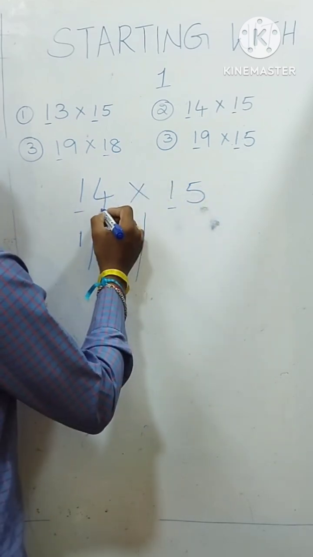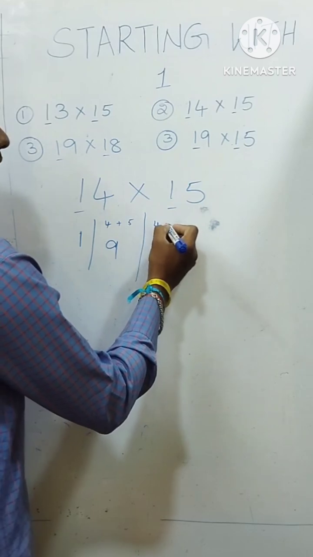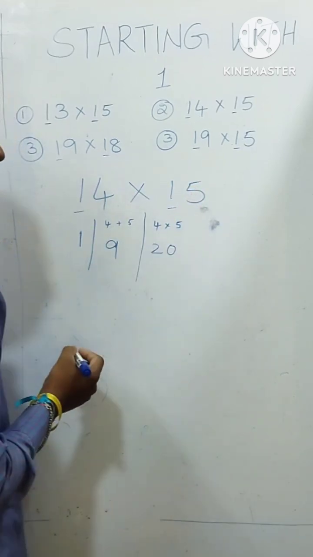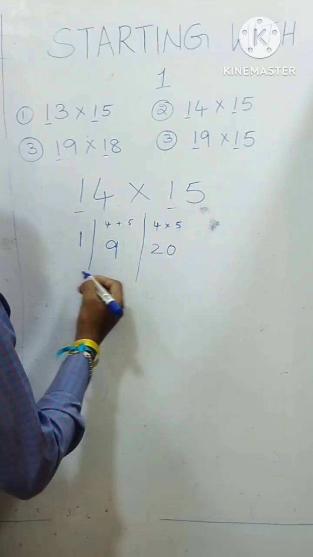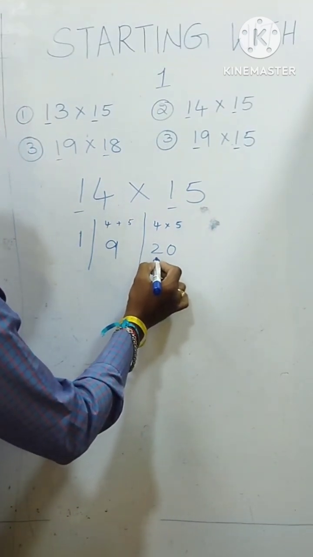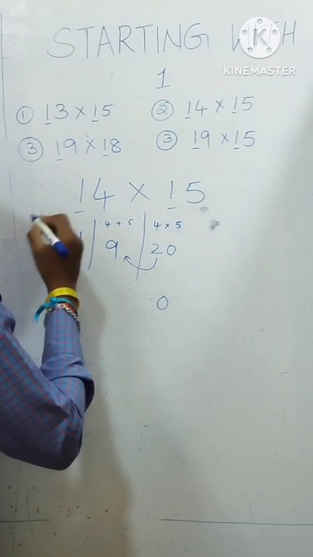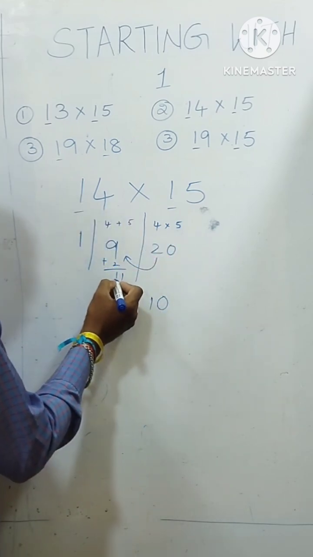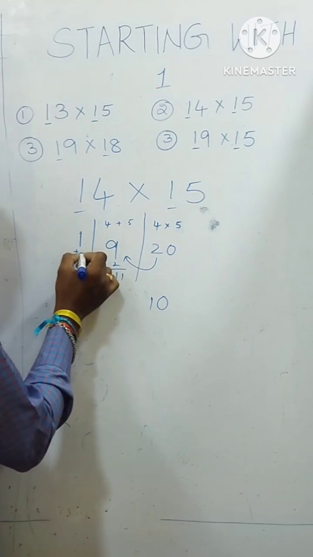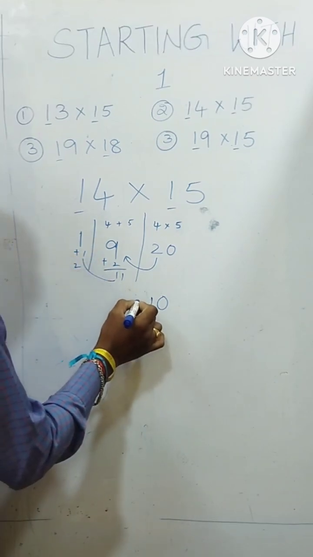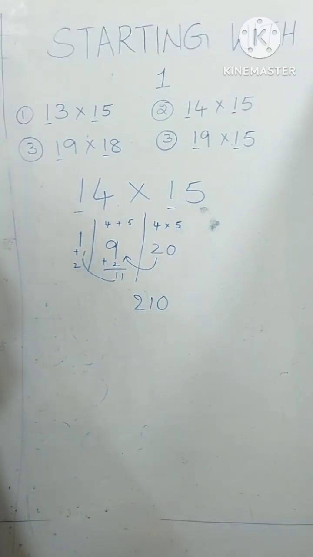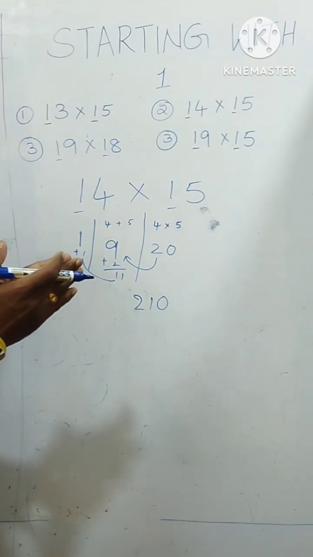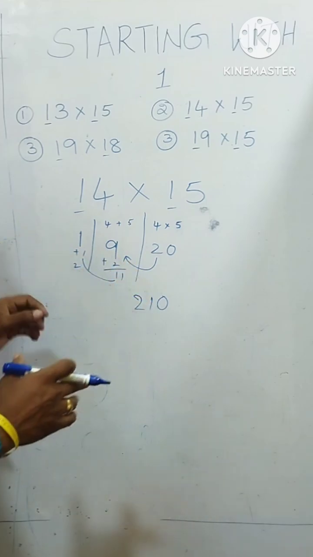In the last, multiplication of the 1's digit. 4 5s are 20. Now we will write the final answer. 0. 2 carry forward. 9 plus 2 become 11. 11 means 1 here. Again 1 carry forward. 1 plus 1 become 2. 210. So this is the way we can do the answer in a very simple and easy manner.